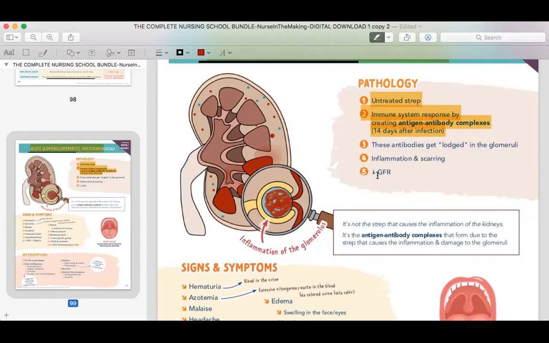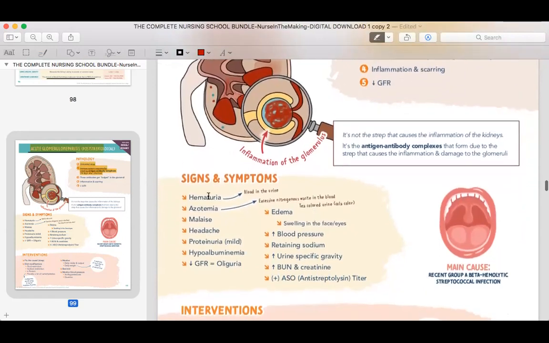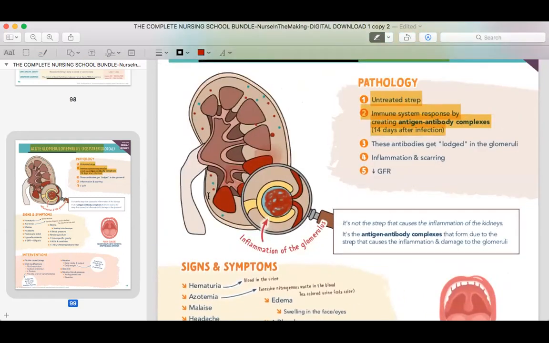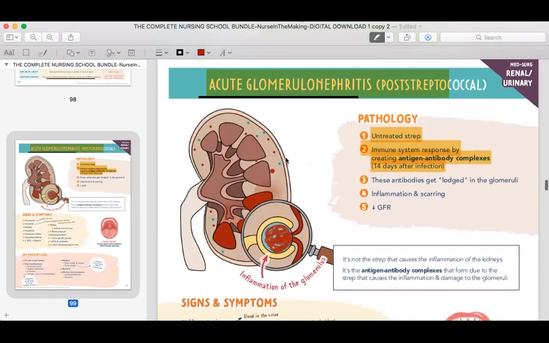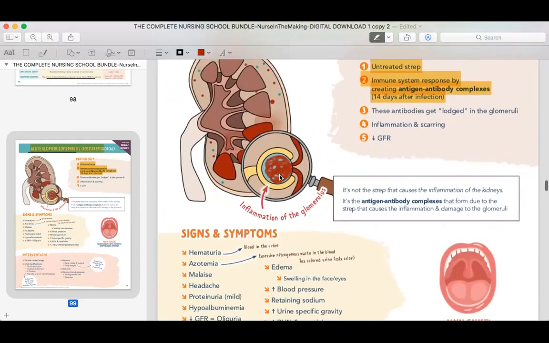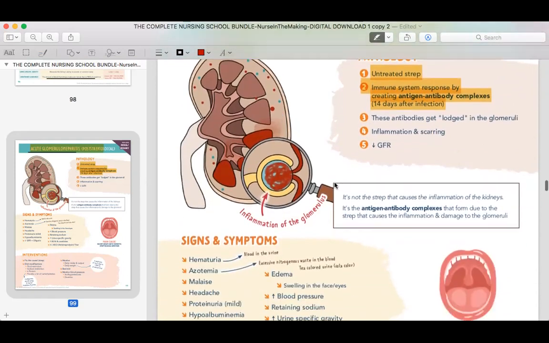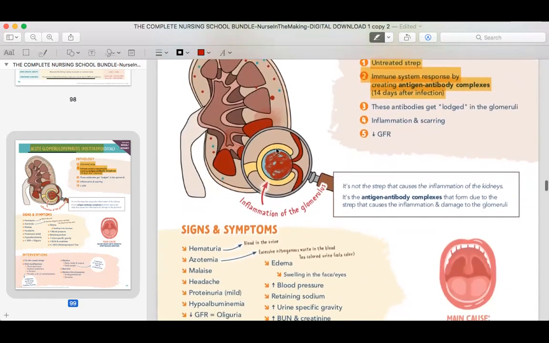It decreases the GFR, but what you gotta know for this is the signs and symptoms. If you have time, I know Simple Nursing does explain it a little better. It goes through the whole process of why, you know, it's strep, and how it gets lodged in the glomeruli, which are, you know, your little washing machine things.